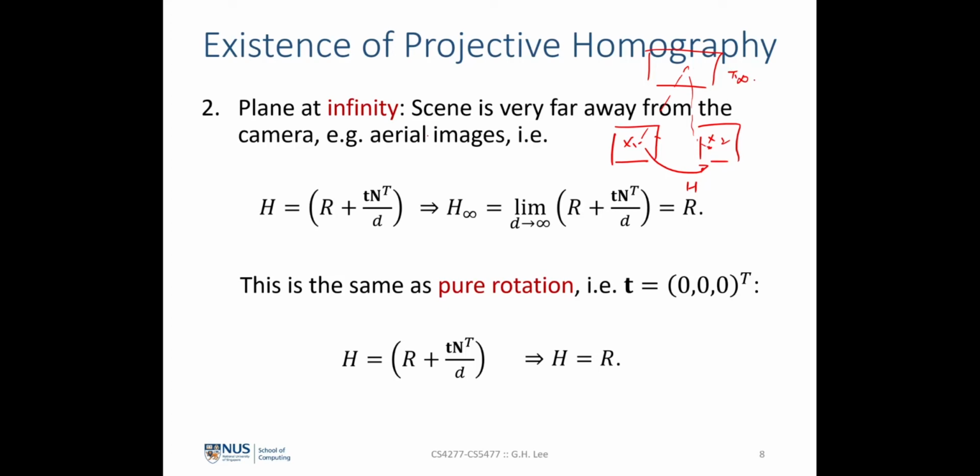In reality, this means that the point projected onto the image lies in a very far away scene. For example, taking a satellite image of the Earth, all the objects on the Earth are at a very far away scene, and the ground of the Earth would appear to be at the plane at infinity.